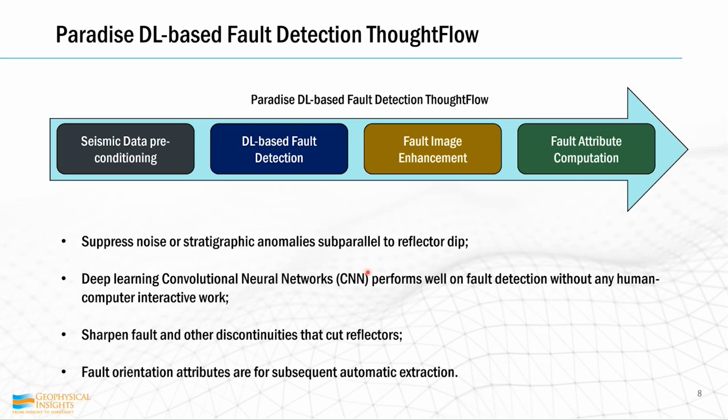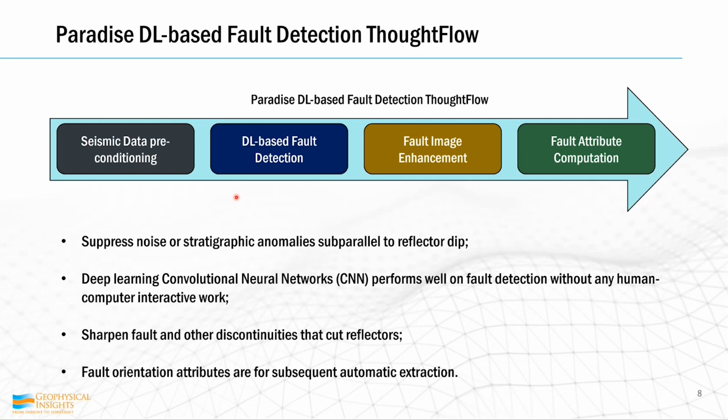Based on the CNN model, we can build the Paradise deep learning based fault detection software, which includes 4 steps. The first step is seismic data preconditioning. We apply conventional seismic data preconditioning to remove some random noise and incoherent noise and sharpen the discontinuities in seismic data. In the second step, we apply the CNN model to generate the fault probability cube.